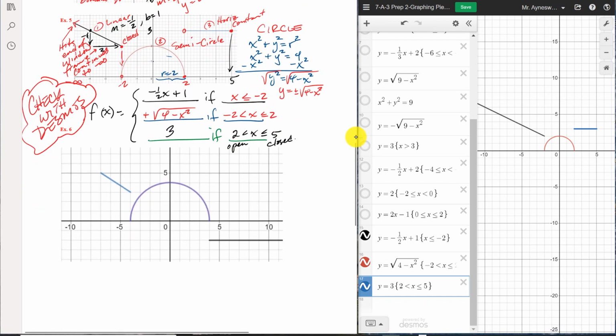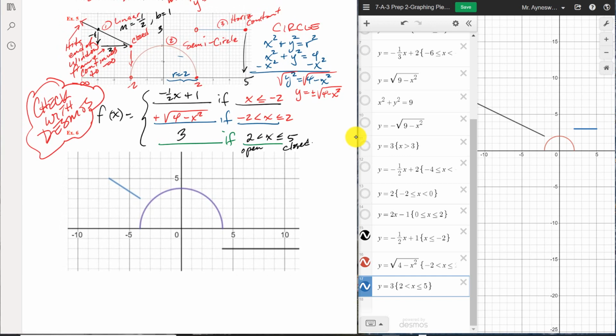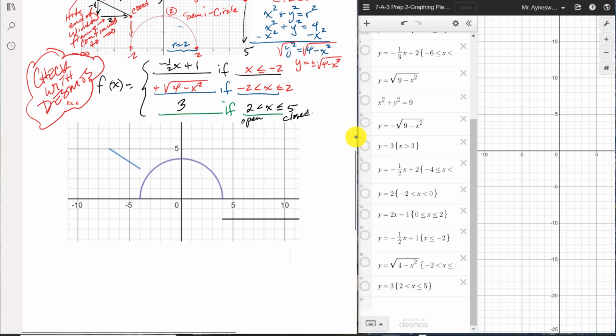Okay, make sure you're right. The quality of your work is the most important. Well, it's one thing doing your homework, it's another thing doing it right. And that's what a lot of people don't get, is that they just do it without any concern for quality. And so what you guys have to do is be concerned with the quality.